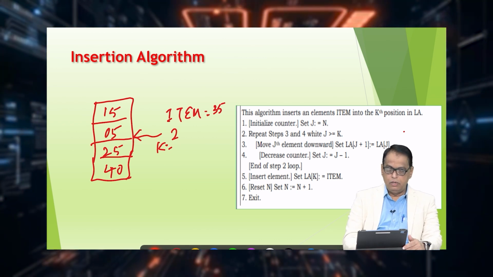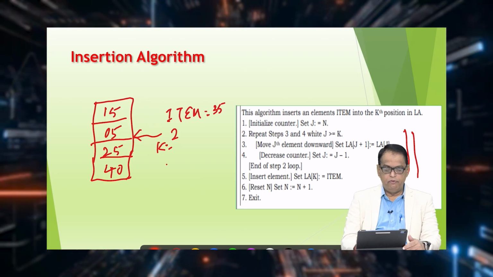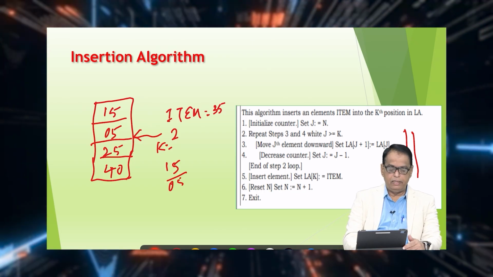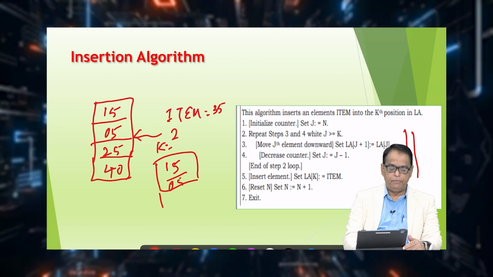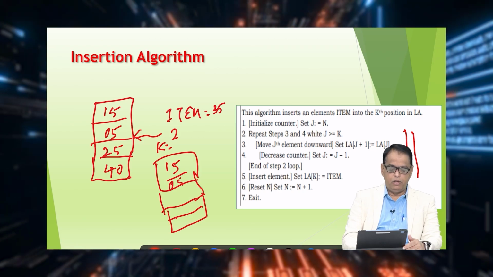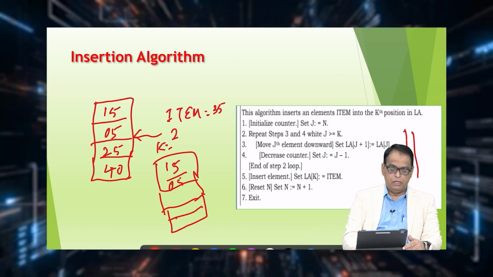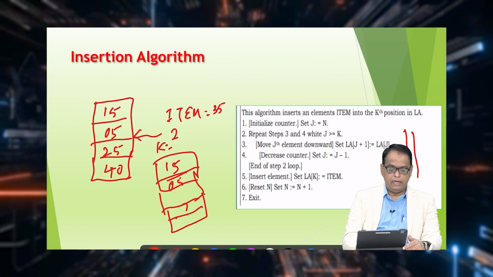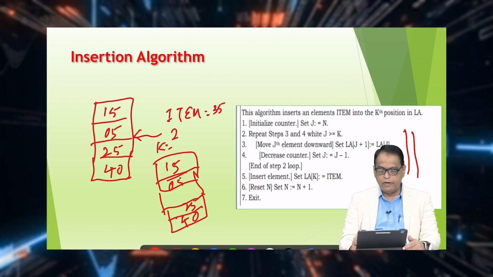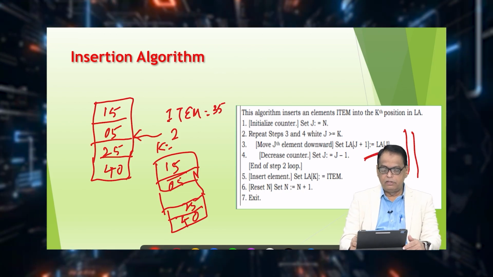Now according to this algorithm, we will create a space here. My first element 15 will remain there, 5 will remain there, and then I will create a space here, and the rest of the 2 elements I will move downwards. So 15 and 5 will remain there, then 25 and 40 I will move downwards according to step number 3.